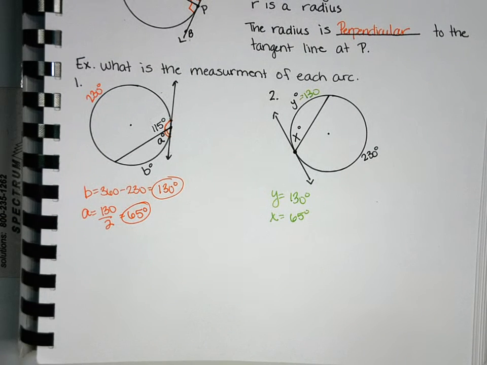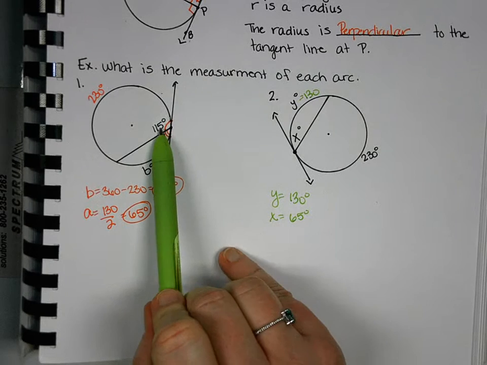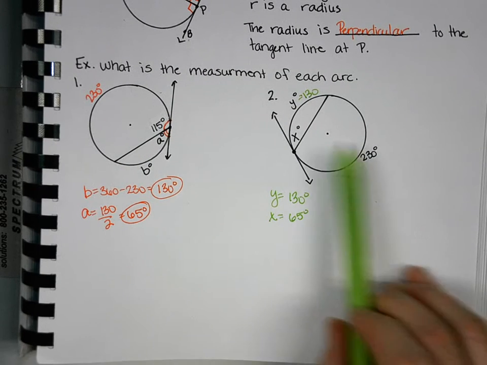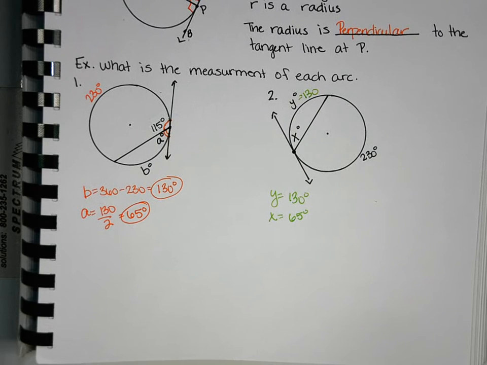Yeah, same problem, but given the information in a different way. Here we were given the angle and we went out and around. Here we were given the arc and we went out and then in. So it's the same problem, just different ways that they can present it. So you can either go from arcs to angles or angles to arcs.